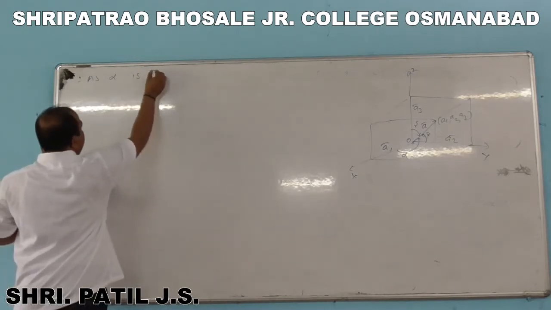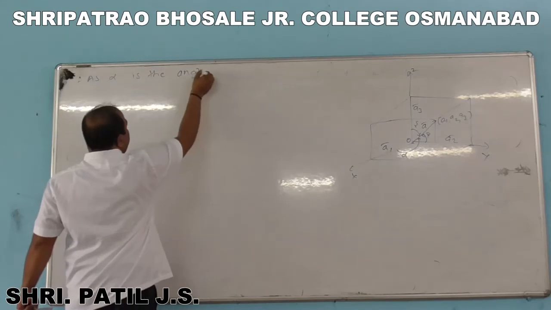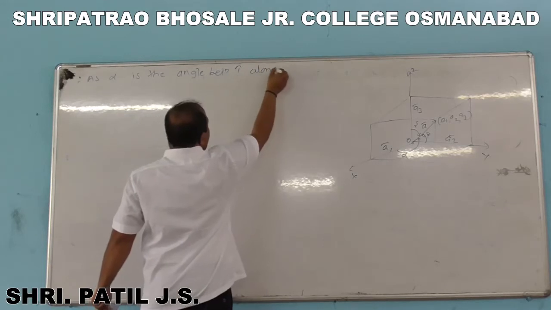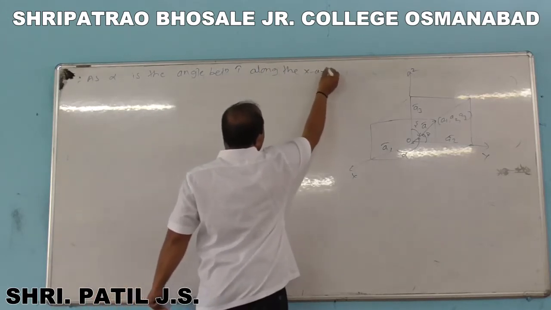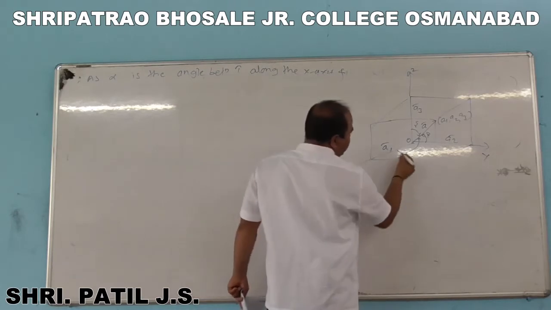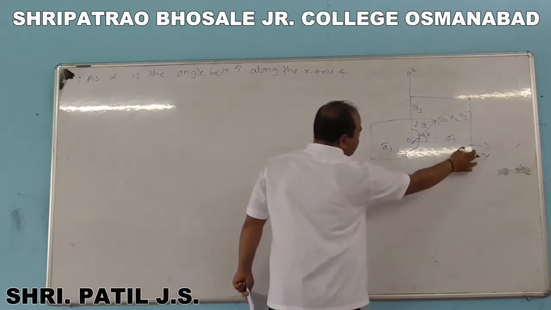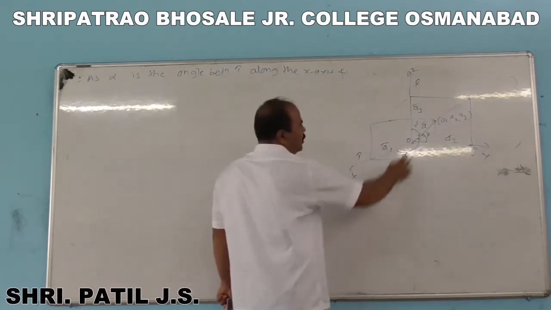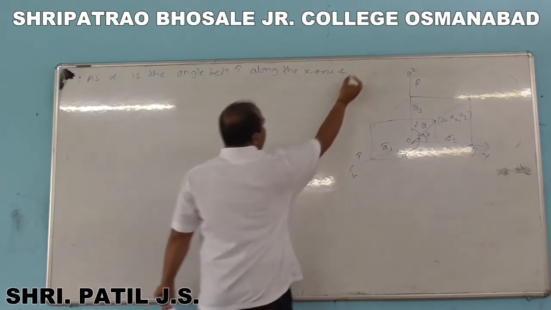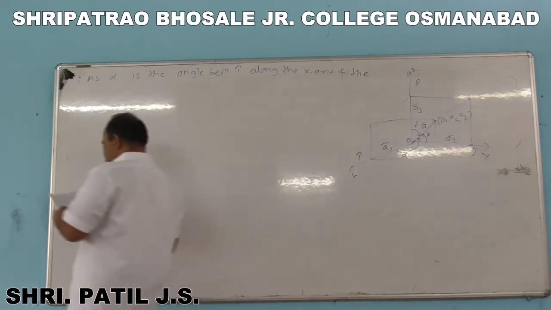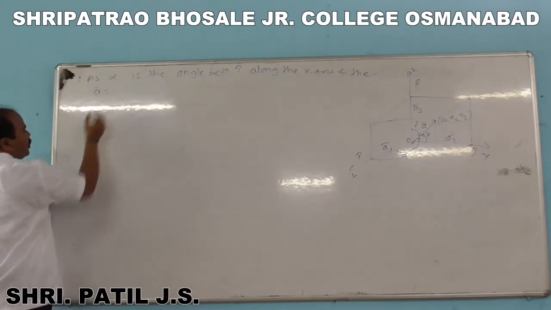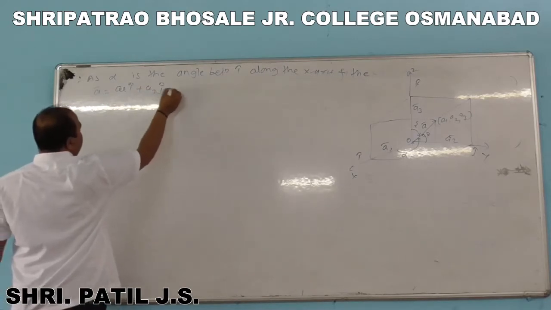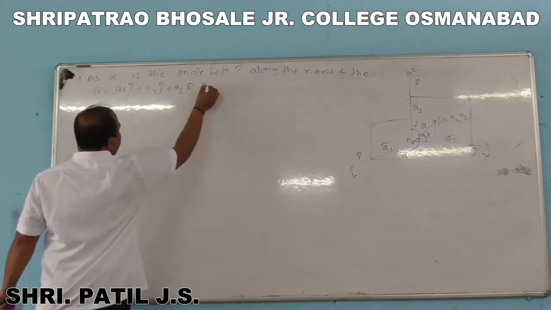As alpha is the angle between I cap along the x axis and vector A, where I cap, J cap and K cap are known to me, and the vector A equal to A1 I cap plus A2 J cap plus A3 K cap.